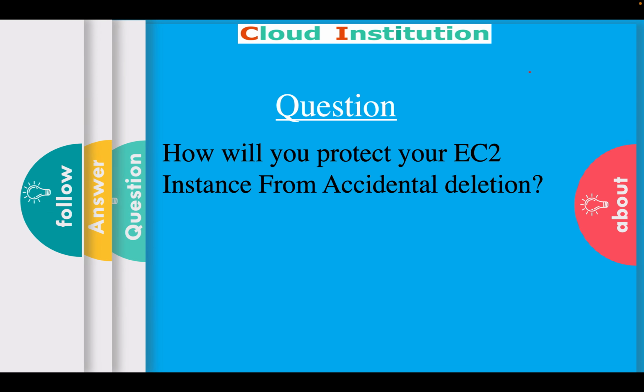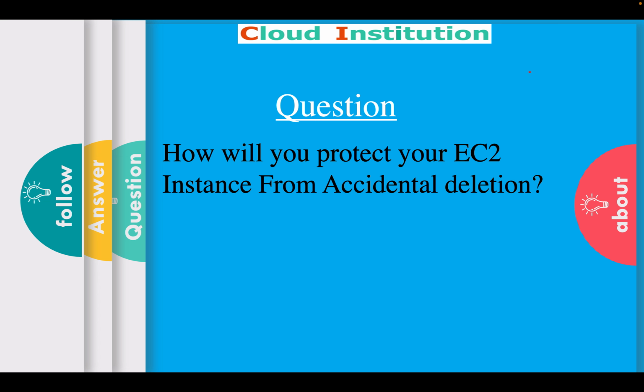The scenario is that if I'm creating one EC2 instance, I don't want anybody to delete that instance without my permission or by mistake. We are creating a lot of instances and resources every day in the cloud.